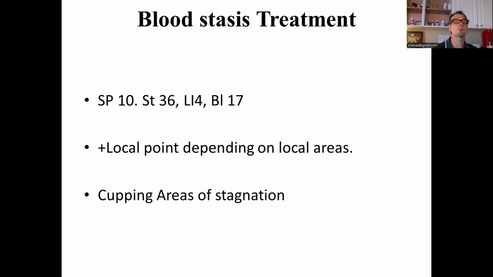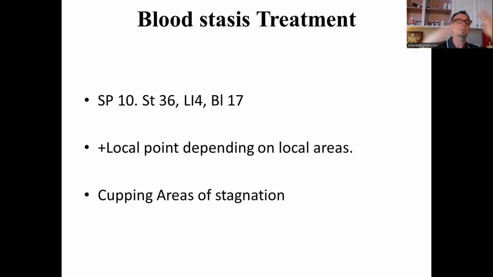So here are some points to look at for blood stasis. Spleen 10 is an interesting point because it doesn't really build blood, but it helps the spleen control blood. So spleen 10, stomach 36, large intestine 4, and bladder 17.